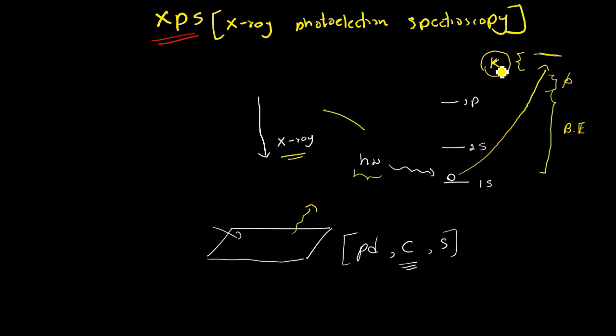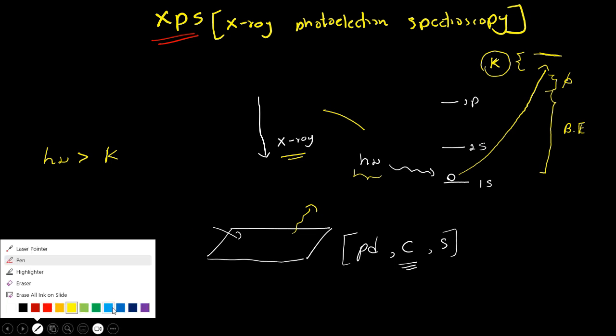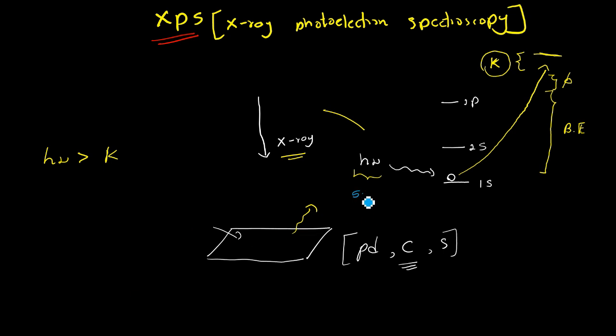If you understand this concept correctly, always remember h nu is always larger than K. Why? Because this electron has obtained this h nu of energy, right? As an example, let's say we have 500 units of energy here. So the electron has absorbed 500. It has to spend some energy to overcome the binding energy. Let's say the binding energy is 300.